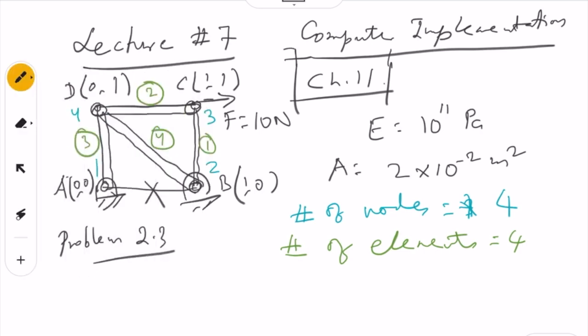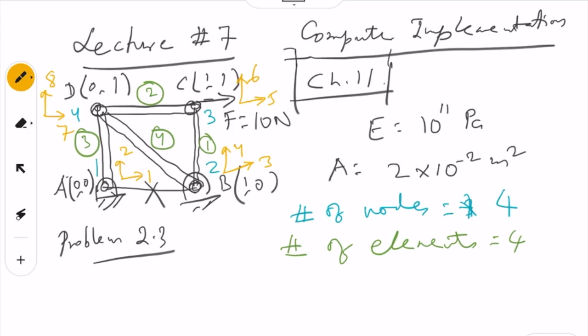Here degree of freedom, this is the first one, this is 2. Here we have number 3, this is number 4. At this point we have number 5 and number 6, and at the top left we have number 7 and number 8.